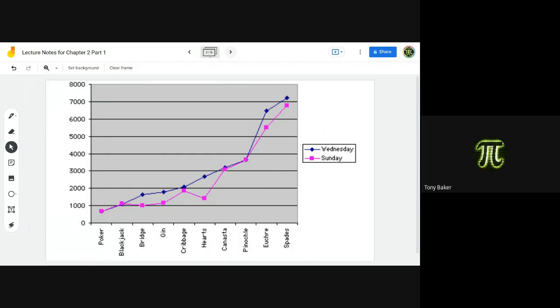The number of participants, that's one of the variables. What's the other one? The game. Those are two different types of variables. The data would be where you get the Wednesdays and the Sundays, the breakdown of those things, because you're going to have all those different values put in there.